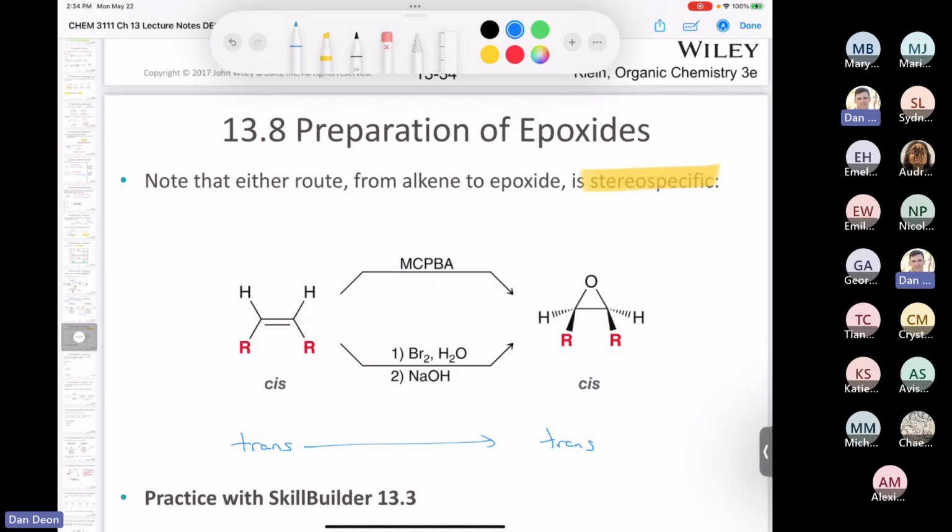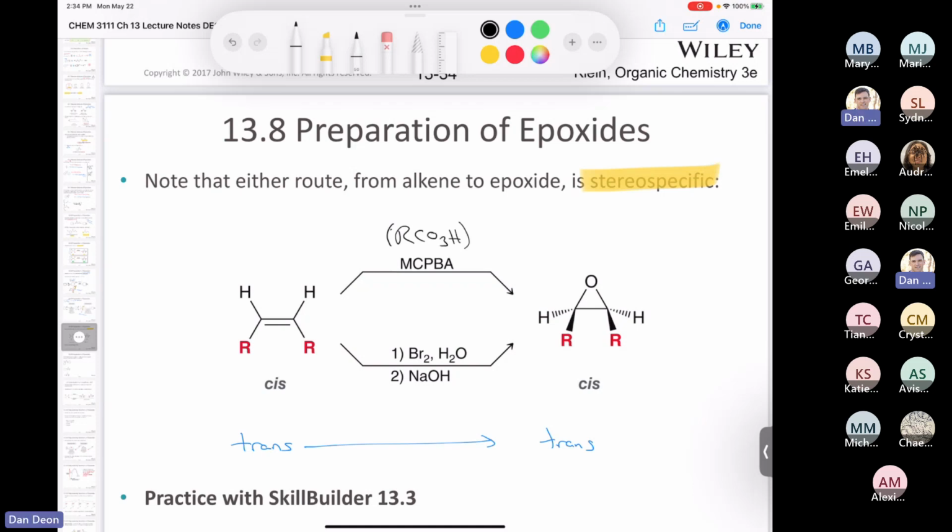A good organic chemist should have more than one way of doing any kind of reaction. All right, so there you go. Preparation of epoxides. One of them involves a halohydrin, something you've seen before. We just do a little SN2 reaction with the sodium hydroxide, and the other one, MCPBA, which again is a peroxy acid.